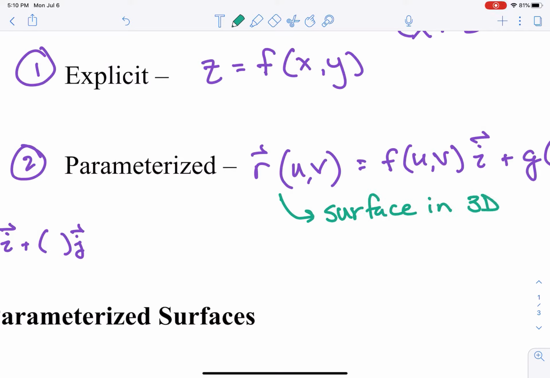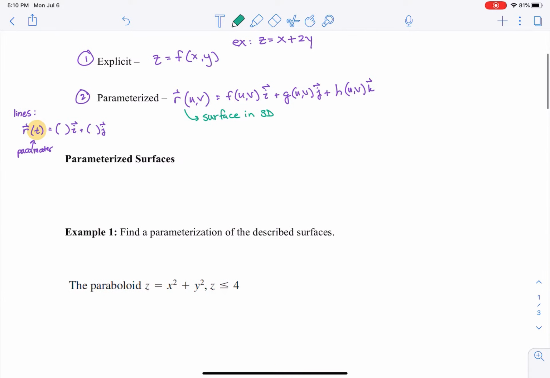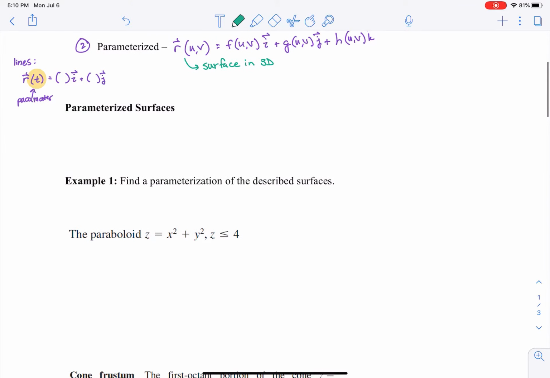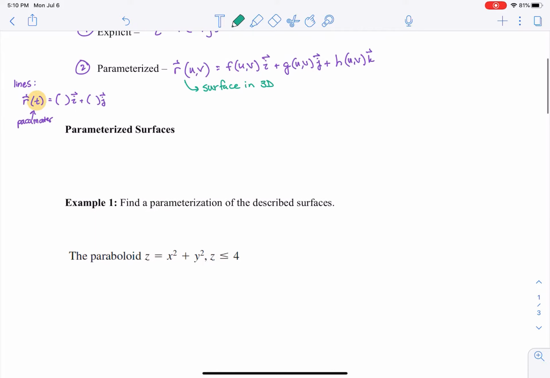Very nice. So these are the two different ways that we're going to primarily look at expressing surfaces in 3 dimensions. And so one of the first ideas we're going to look at is finding the surface area of some of these. Before we get into finding surface area of these different surfaces, let's first just have some practice parameterizing surfaces.